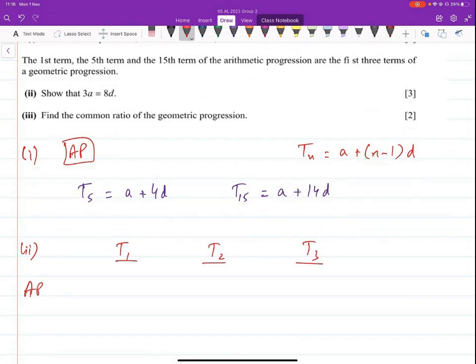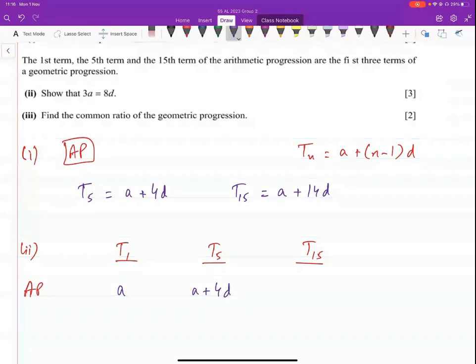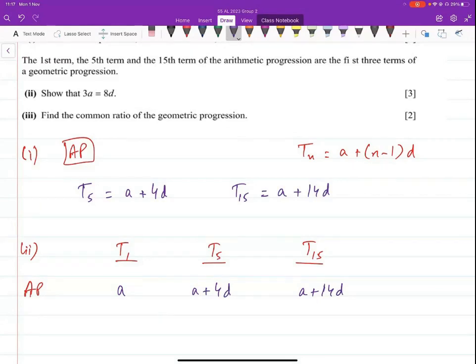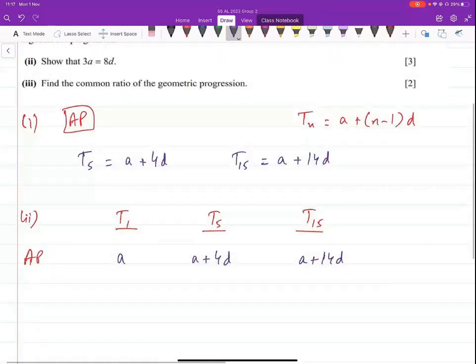We know that for the AP, the first term is represented by A. We found the 5th term and the 15th term. The 5th term is A plus 4 times D, and the 15th term is A plus 14 times D. So this is what we have found in the first part. Now we are told that these terms are the first 3 terms of a GP. So now we've got some geometric progression. इसकी first 3 terms आपके पास ये तीनों हैं.